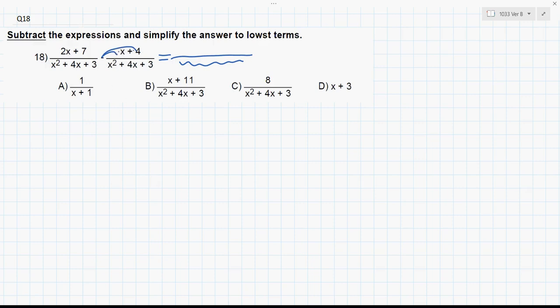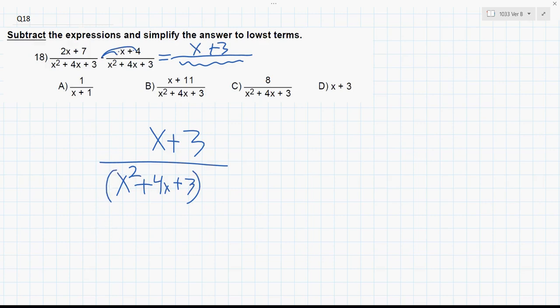So 2x minus x will be 1x, and 7 minus 4 is 3, so it'll be x plus 3. So the top part is going to be x plus 3, and the bottom is going to be x squared plus 4x plus 3.